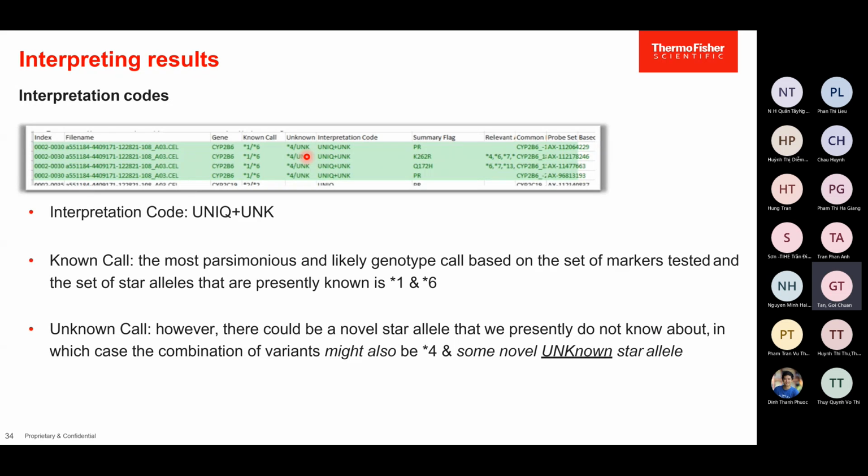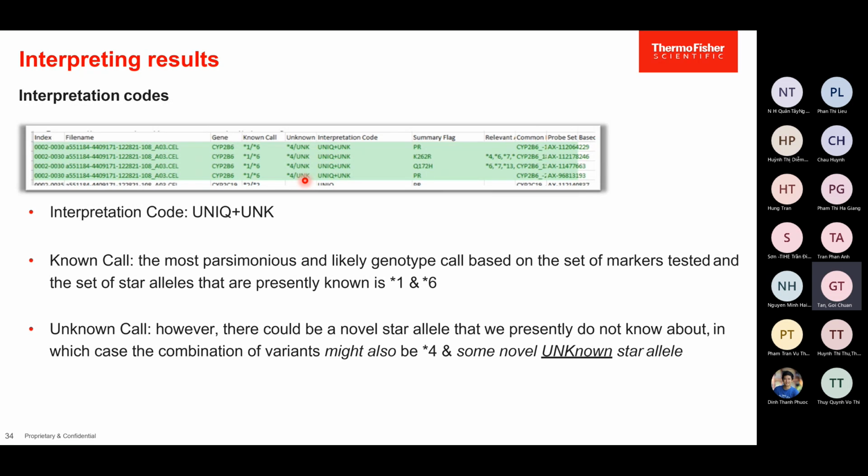I cannot find any pattern that is matching that definition. Then that's why they keep it here, because it might be true that this person has a novel allele that has never been discovered before. And in this case, how the customer does it is that they will always refer to the frequency. It's also from PharmGKB, or if they have done a population study, like in Vietnam, you have done the 1,000 genome, right?